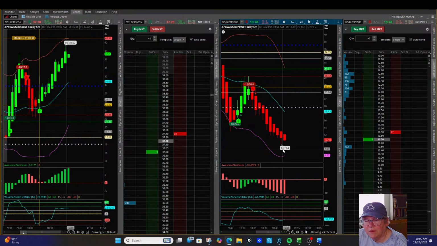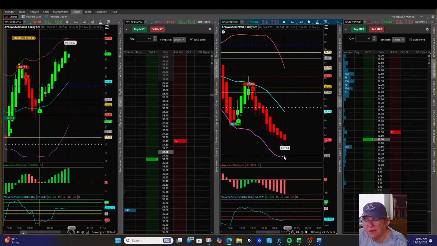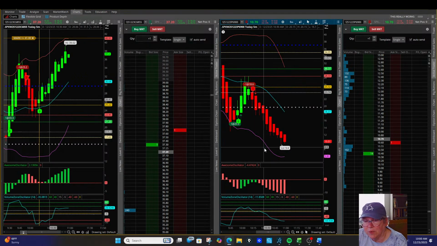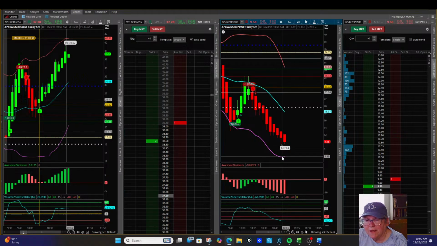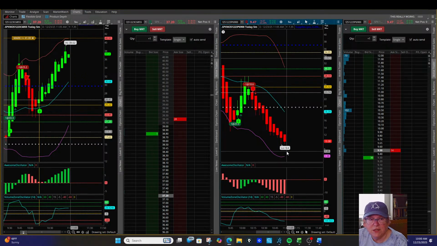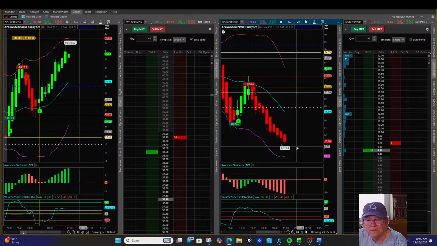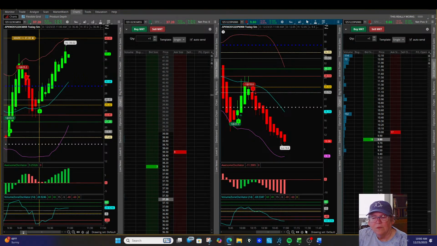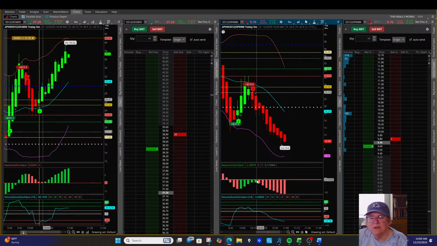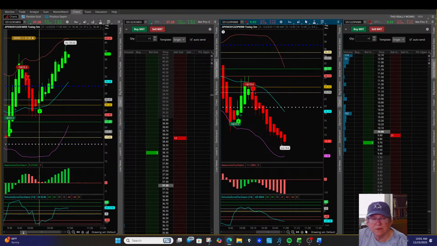Most of the time what happens though is it comes down and touches this lower Bollinger Band, the purple one, if it's going to reverse. So we have a ways yet for that, so just waiting to see what happens. This is an awful lot of red bars here. It should have probably changed by now.